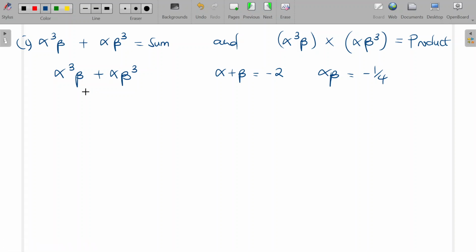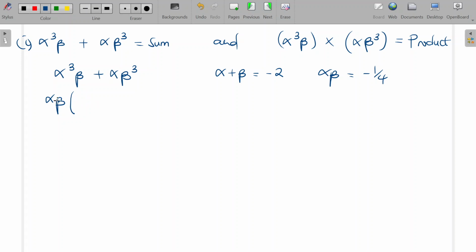So here you are going to find the factors. Let me say what is common here: it is alpha and beta. So alpha beta is common.